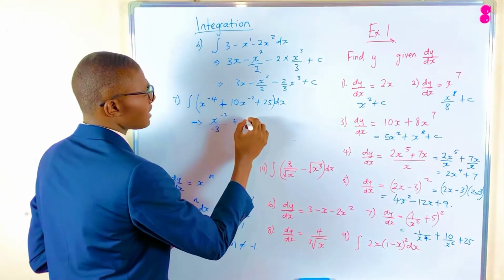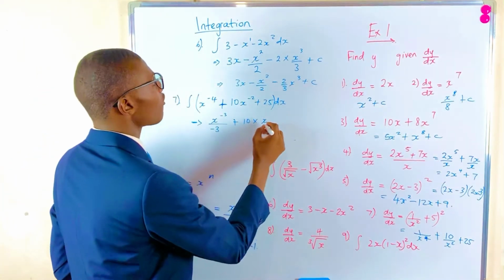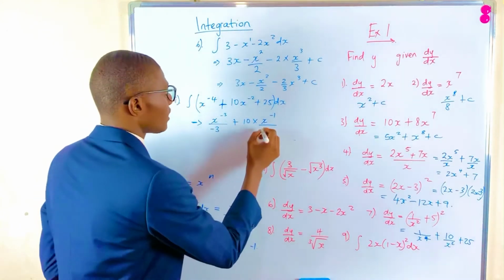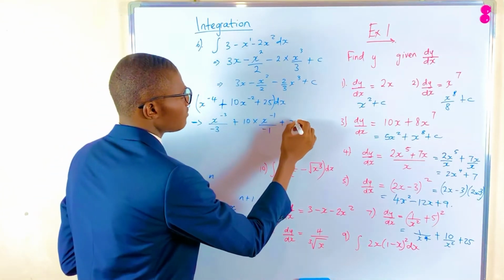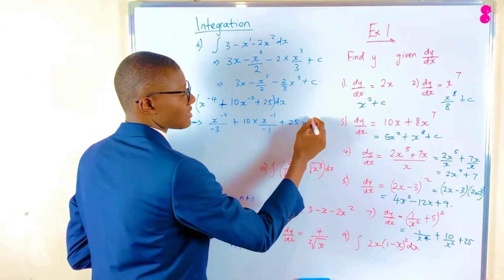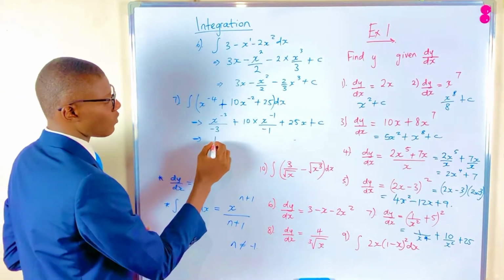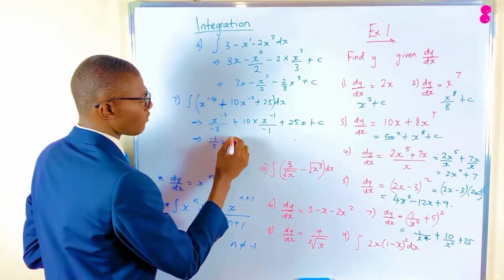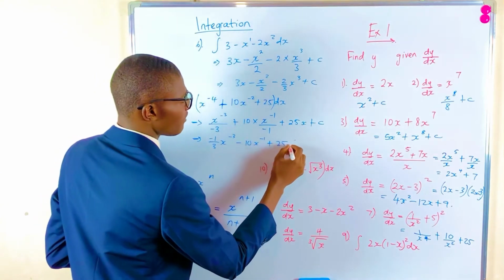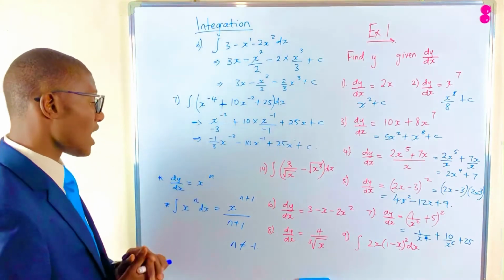Plus 10 times the integral of x to the power of minus 2, we're saying x to the power of minus 2 plus 1, that gives us a minus 1, over minus 2 plus 1, gives a minus 1, plus 25, integral of x to the power of 0, that will give us an x, plus the constant of integration c. Further on simplifying this, we'll get minus 1 over 3 x to the power of minus 3, minus 10x to the power of minus 1, plus 25x, plus the constant of integration c. So that's how we do number 7.